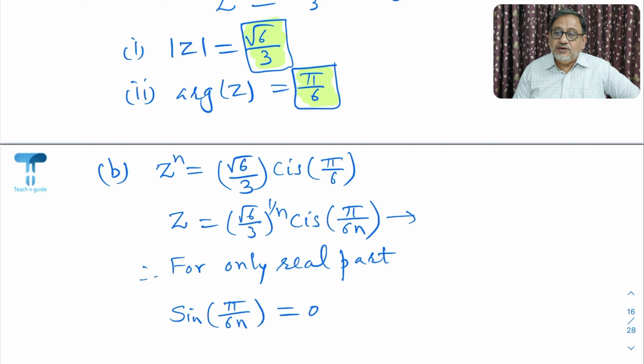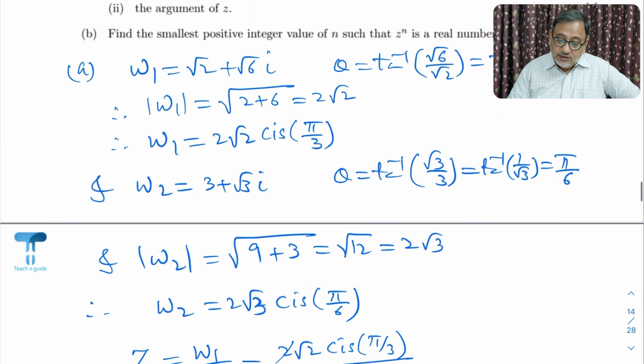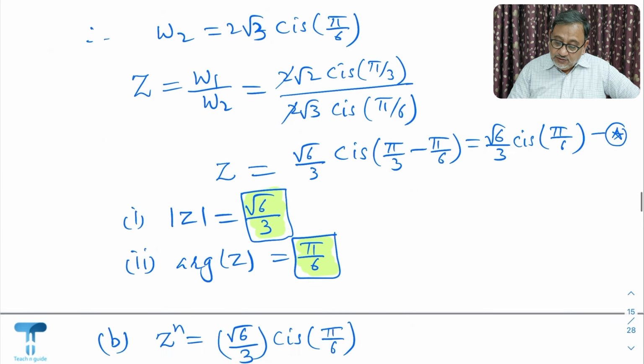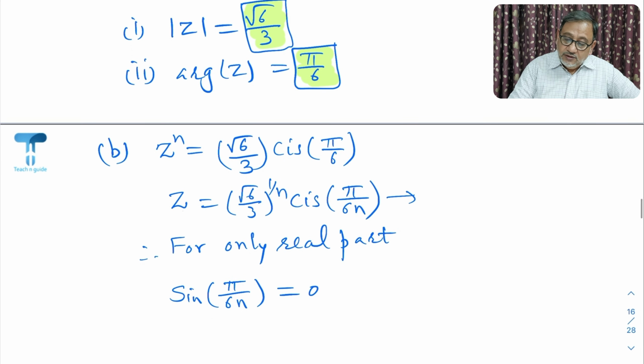So I want only the real part, right? So this will be 0 when n will be, this n, where is my n? Oh, for z to the power n they said, isn't it? Not that one. So I will not take the nth root.